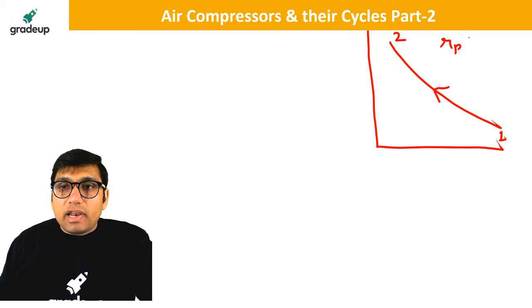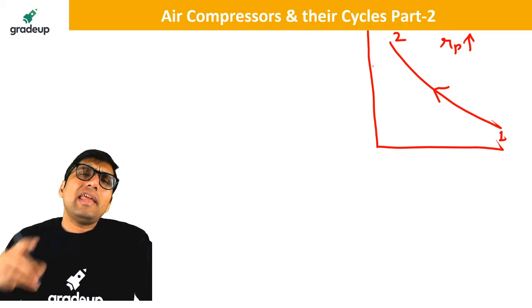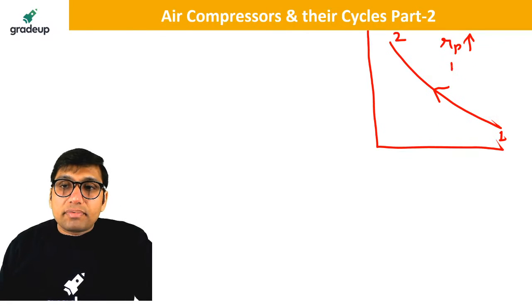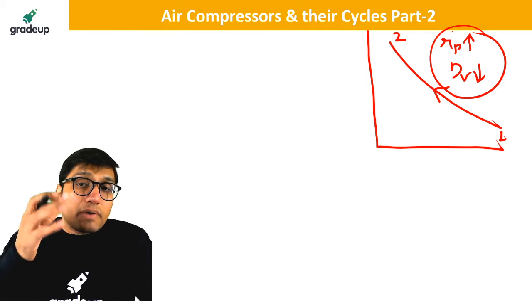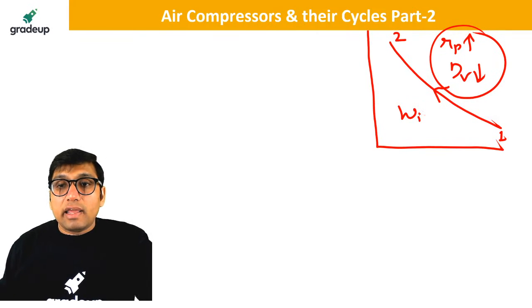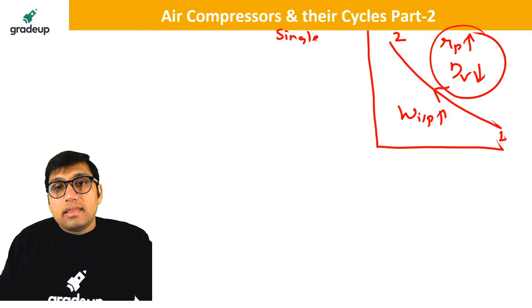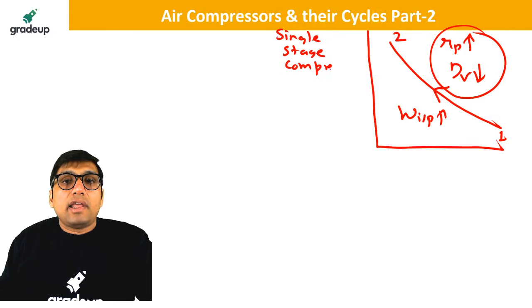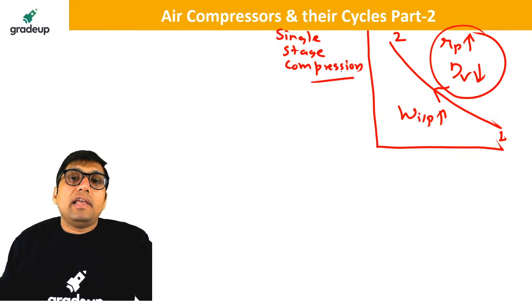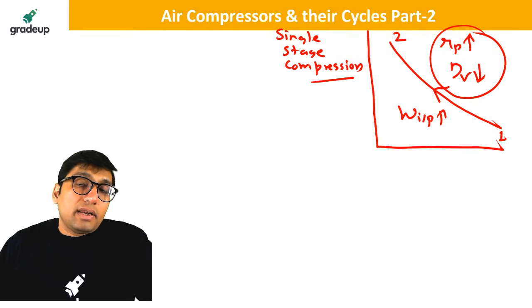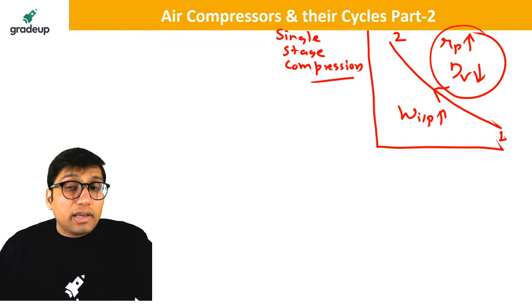The pressure ratio will increase, very high pressure ratio, and because of that the volumetric efficiency will reduce. Also the work input will increase. That is a disadvantage of single stage compression. If you do single stage compression in a reciprocating compressor, the work input will increase, the pressure ratio will increase, and because of that volumetric efficiency will decrease.